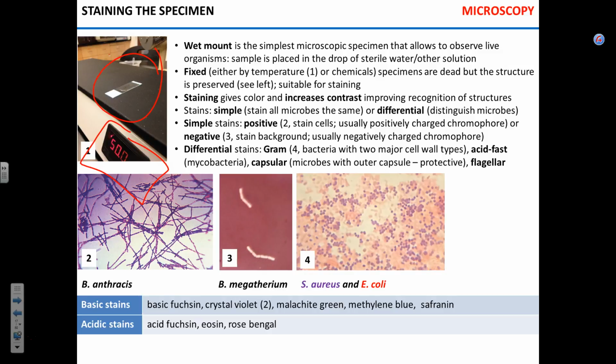We're going to do it over the flame. You have your wet mount. You have a flame, and in that upper portion of the flame, you pass it through: 1, 2, 3. Okay, that's it. It is fixed.